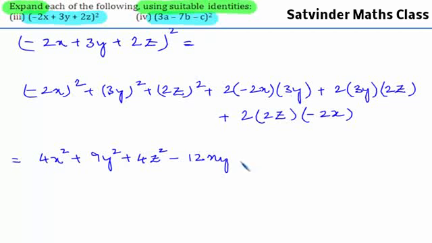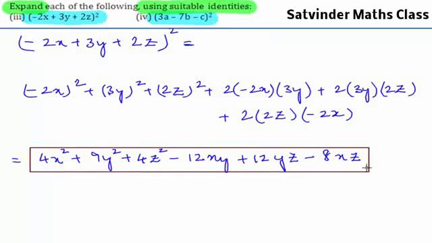We have plus 2 3's is 6, 6 2's is 12, again 12yz. Now you have plus into minus, minus 2 2's is 4, 4 2's is 8, therefore -8xz, which is the required expansion for (-2x + 3y + 2z)².